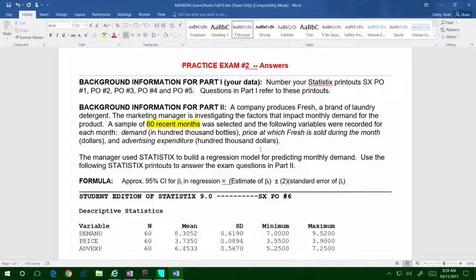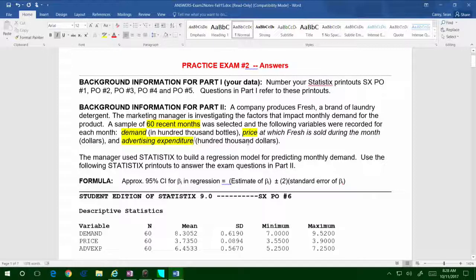And then what's going to be measured for each month? Well, first of all, the demand. Turns out that's going to be our dependent variable when you read the rest of the story. Also, price is another variable measured, and finally, advertising expenditure. Those are the variables being measured.